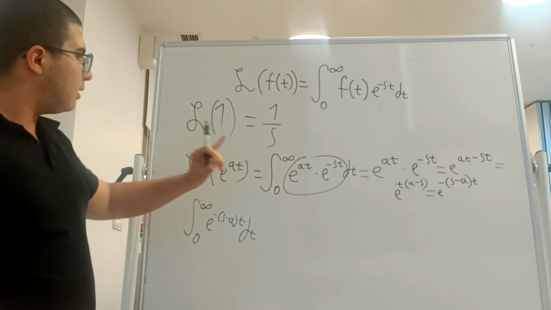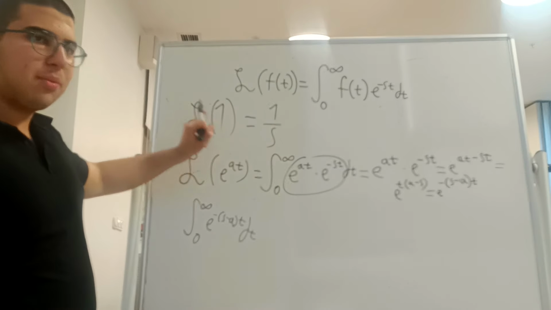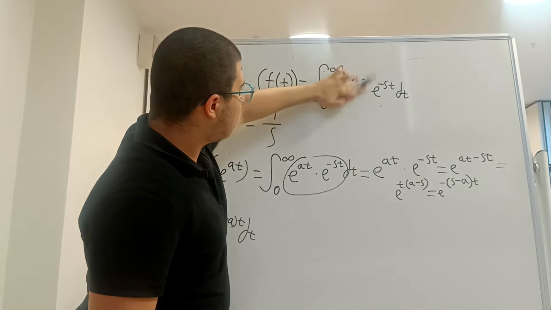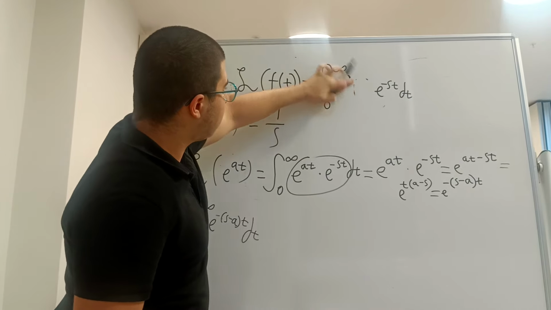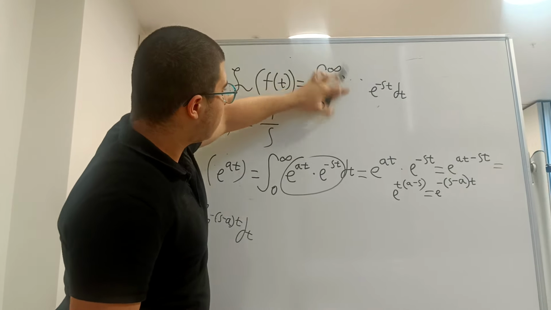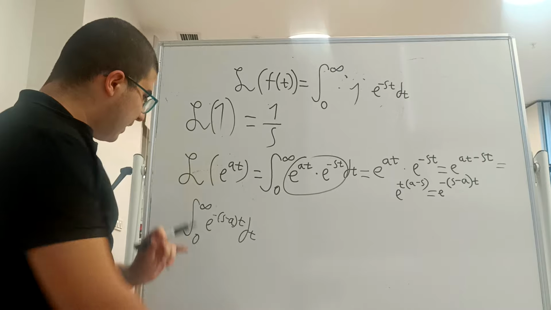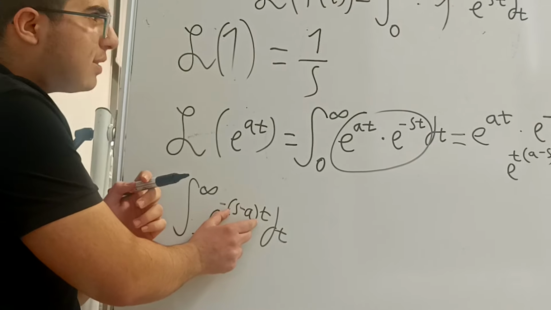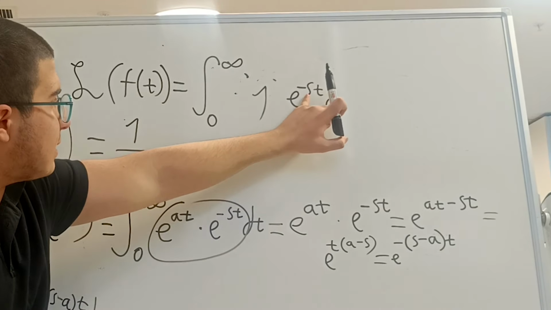If you look at the Laplace transform of 1, think that you put in 1 for f of t here. When you put in 1, you get e to the minus st. And here you get e to the minus s minus a times t. So you can think of this s minus a as this s.